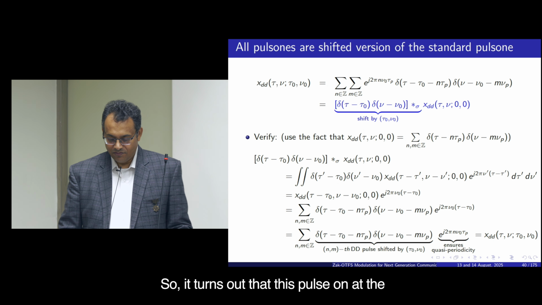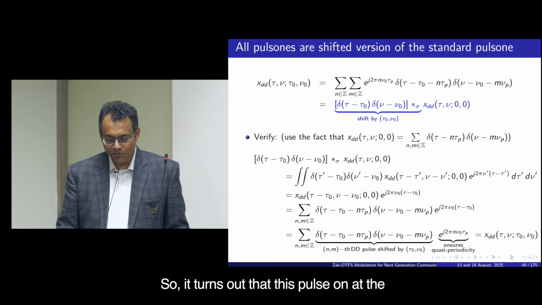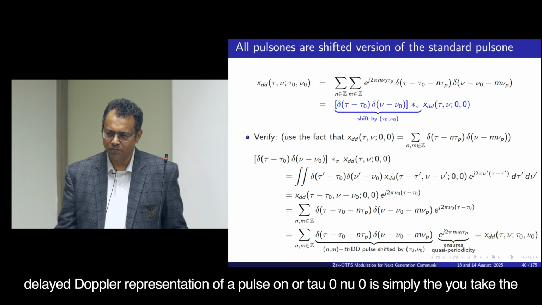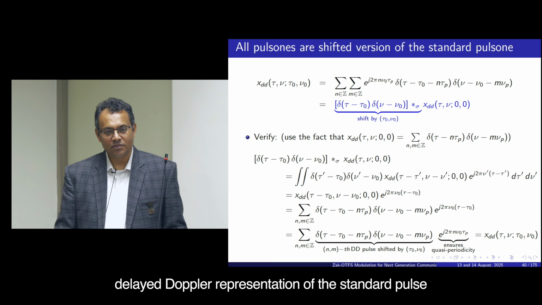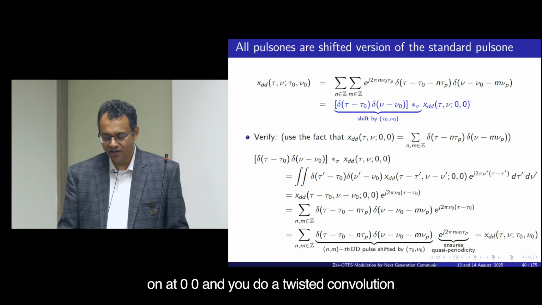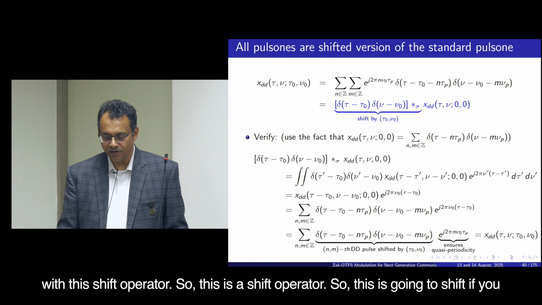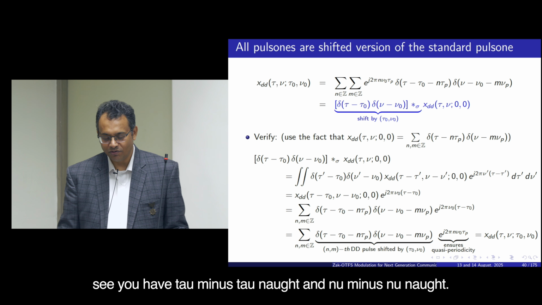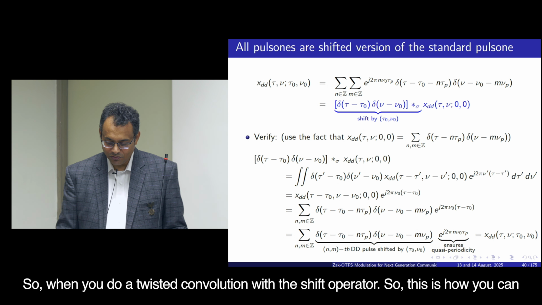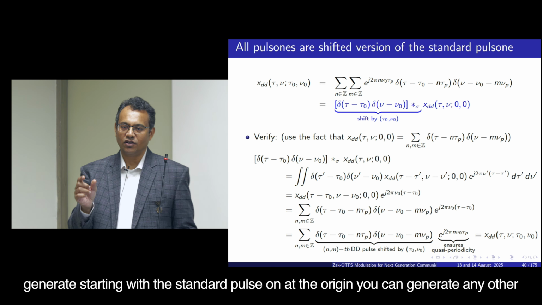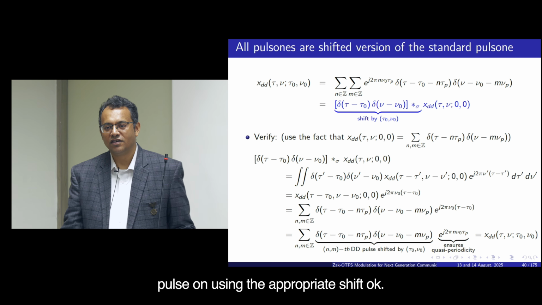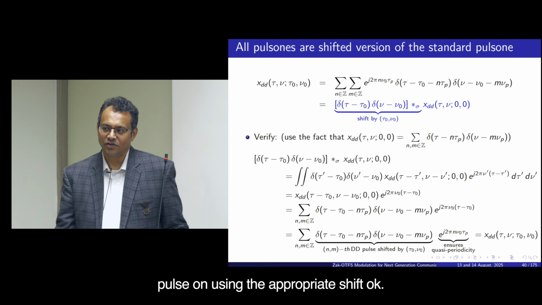So it turns out that the delay Doppler representation of a pulson at tau 0, nu 0 is simply the delay Doppler representation of the standard pulson at 0, 0, twisted convolved with this shift operator. This is going to shift, as you have tau minus tau naught and nu minus nu naught. So starting with the standard pulson at the origin, you can generate any other pulson using the appropriate shift.